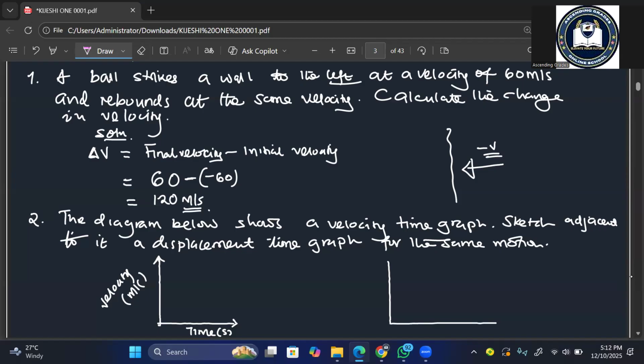It's like this. So this is the graph in question.